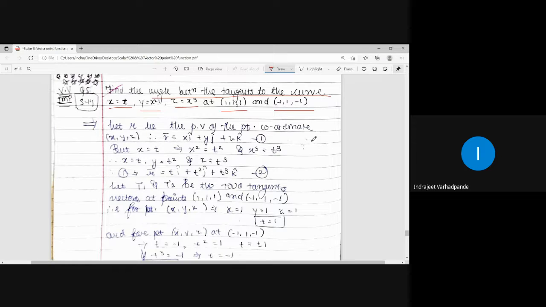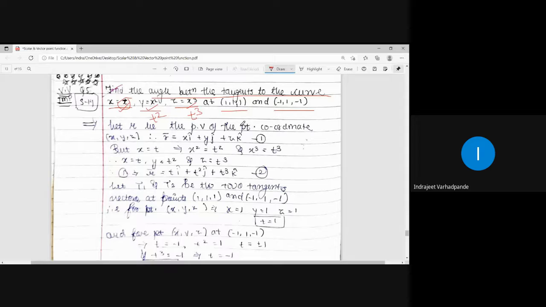But here I have to calculate angle between the tangents to the curve. How is the curve expressed? x is equal to t, y is equal to x square and z is equal to x cube. But I should have the position vector as a function of only the parameter t. Since x is given as t, y is x square means it is equal to t square. Z is x cube means it is equal to t cube.